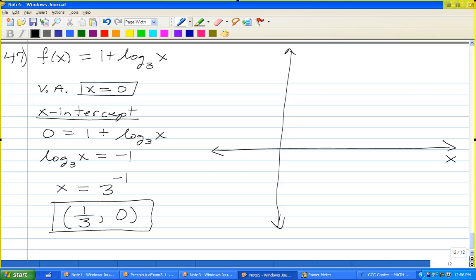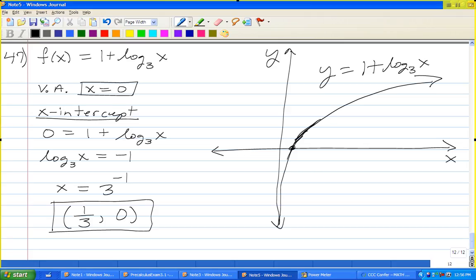Okay, good enough. So this is the graph of y equaling 1 plus log base 3 of x. The vertical asymptote is x equals 0. The x-intercept is at (1/3, 0).